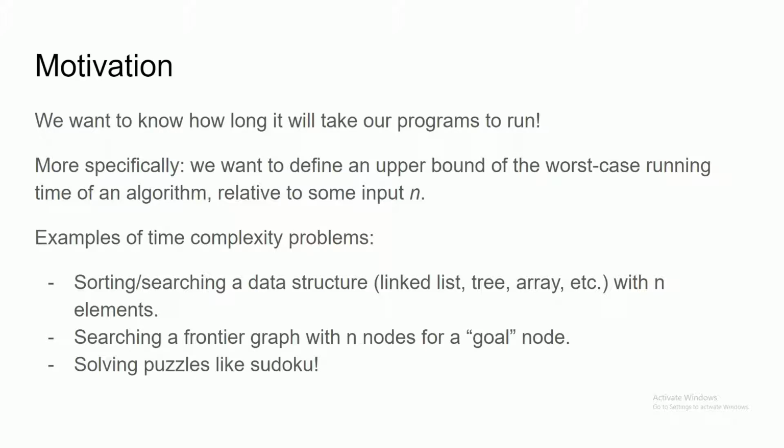And then there are things like solving puzzles like Sudoku, where in upper level classes you'll learn that problems like Sudoku have a not quite defined but very strongly theorized upper bound to how quickly you can solve them relative to their size.